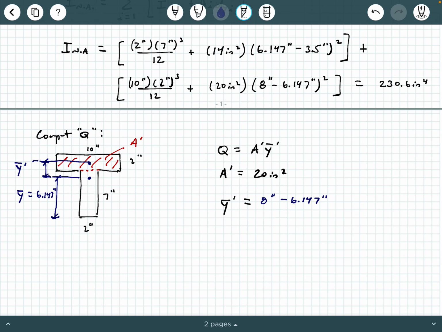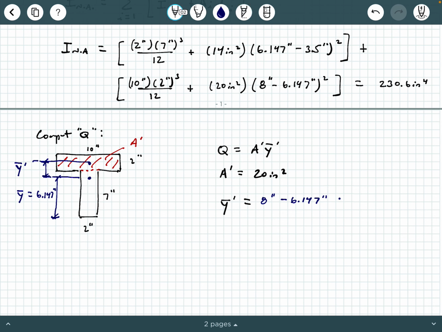Now, why is that? Well, your 8 inches is the distance from the centroid of A prime all the way down to the bottom. That's this distance right here. That is 8 inches, okay? And then you take that distance, 8 inches, minus regular Y bar. And what does that leave you with? That leaves you the distance in between those 2 points, okay?